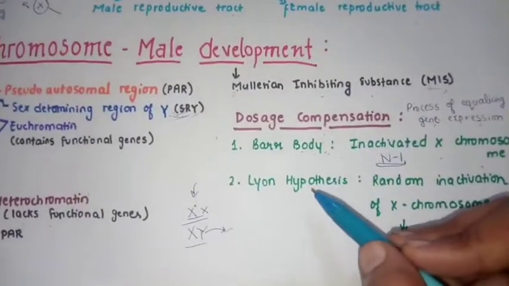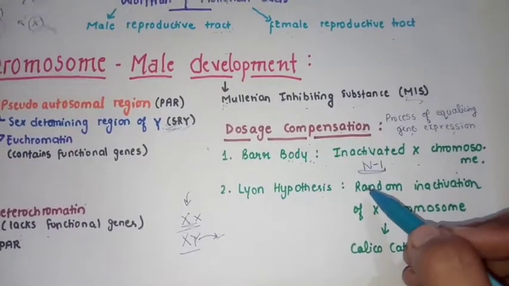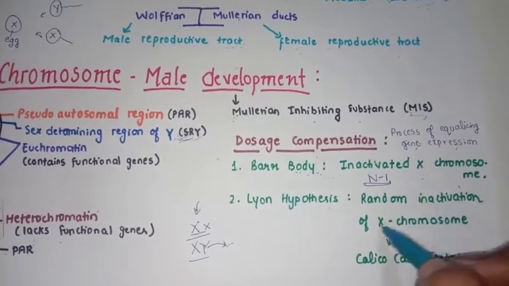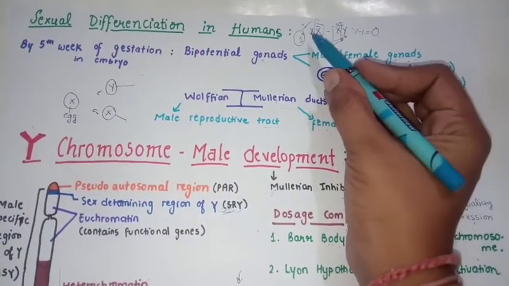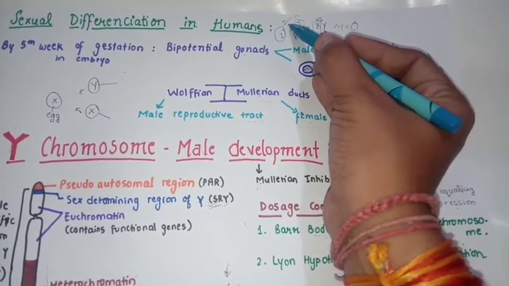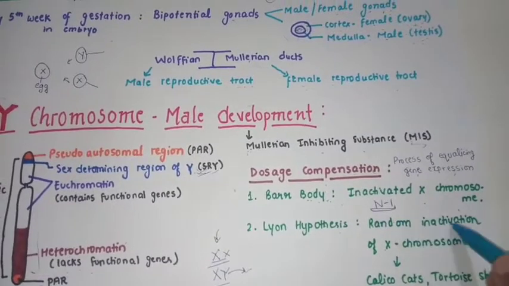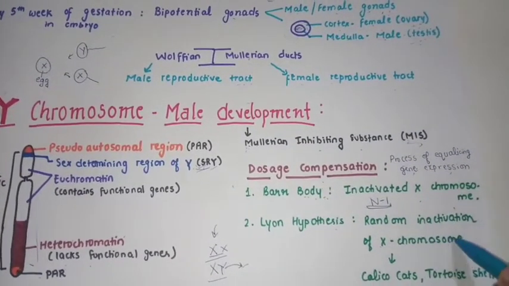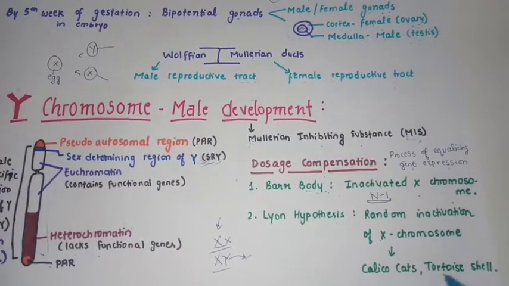Okay, so second hypothesis is Lyon hypothesis, that is random inactivation of X chromosome. Here is one confusion, that which X chromosome is getting inactivated, the male parent one or the female parent one. So there is random inactivation of X chromosome, and we get to know it by the example of calico cats and tortoise shell.